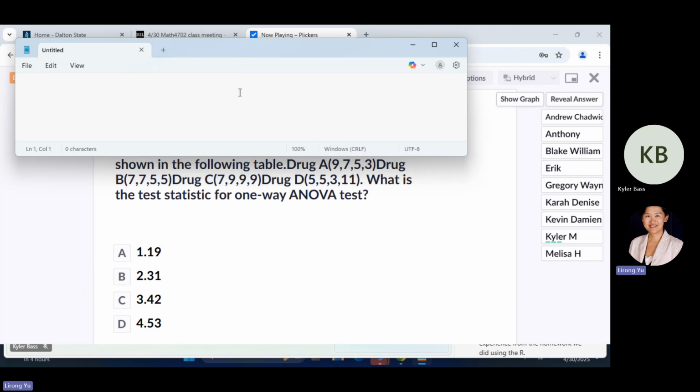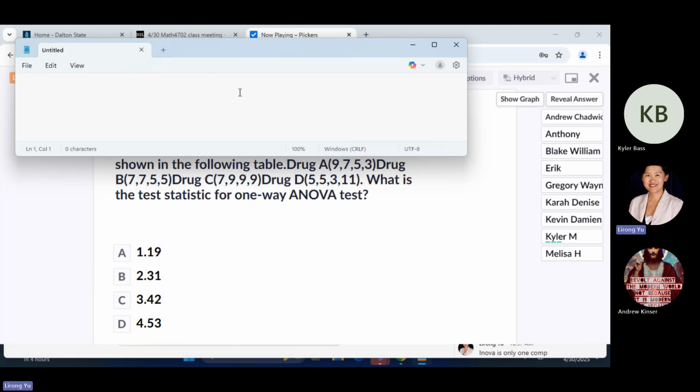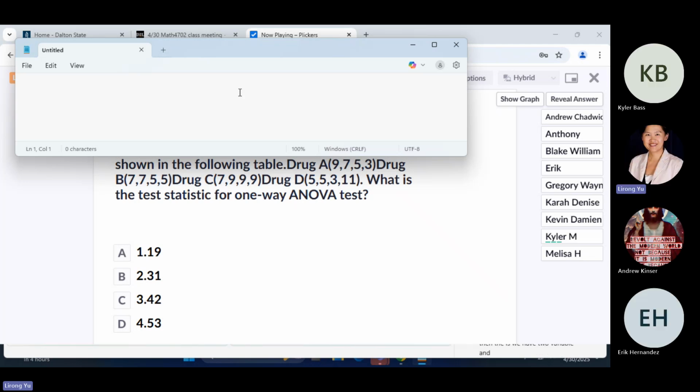Basically, the ANOVA test allows you to figure out a relation between one quantitative variable and one qualitative variable. That qualitative variable is sometimes called a factor. So we have one-way ANOVA or two-way ANOVA. One-way ANOVA has only one qualitative factor, and two-way ANOVA has two qualitative variables and one quantitative variable.